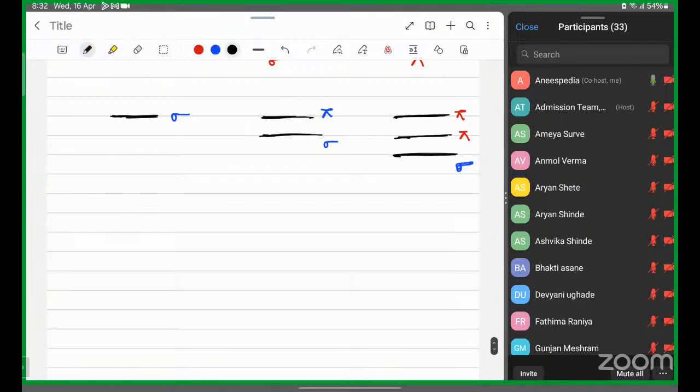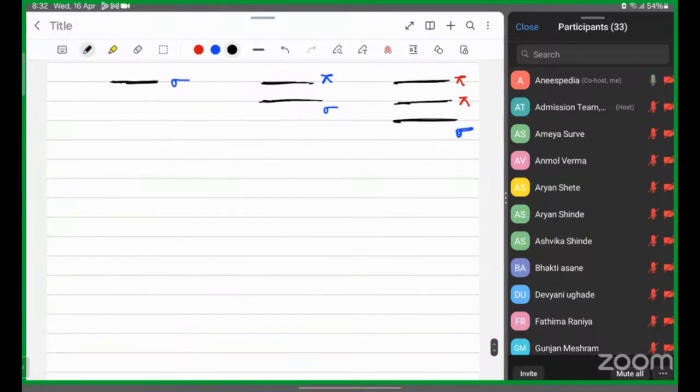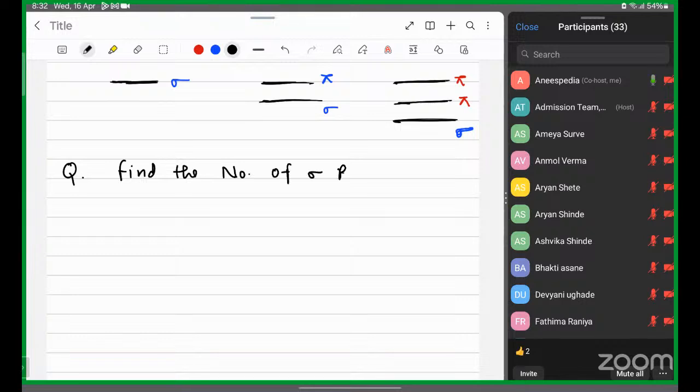Understood or any doubt? No doubt, sir. Question is: find the number of sigma bonds and pi bonds in the following.